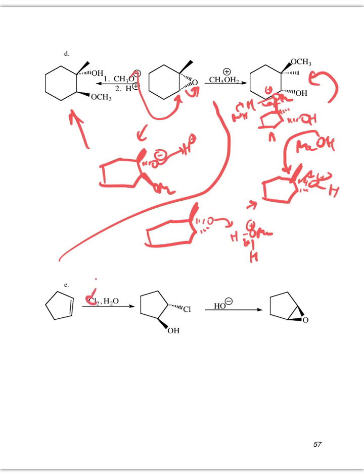Here, chlorine, we tack on a chlorine, we form the three-membered ring chloronium ion. Oops, better be consistent.